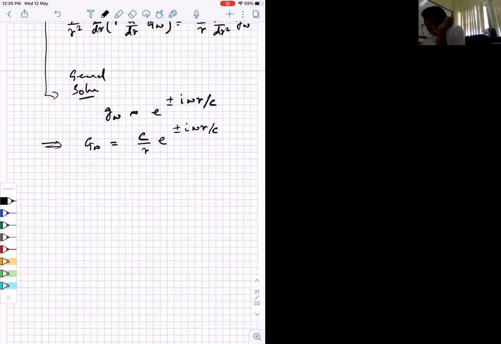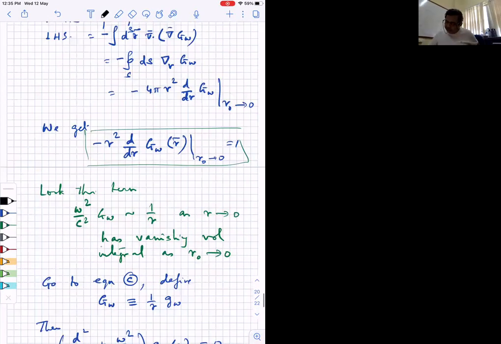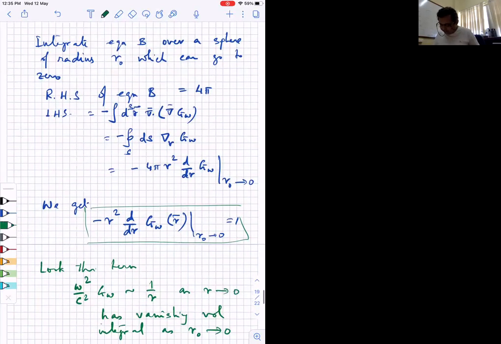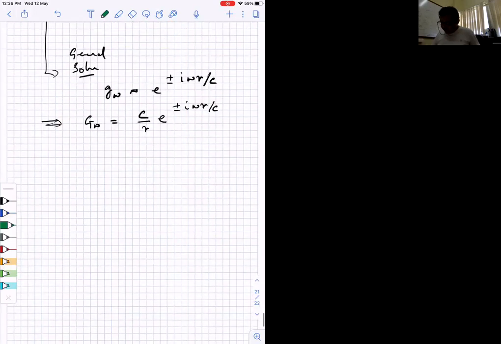Now if you look at the boundary condition, what was the boundary condition? The boundary condition was this. Look at this boundary condition. Let me call this equation D. If you're writing these things down as I write them, then it's easier for you to go back and forth.